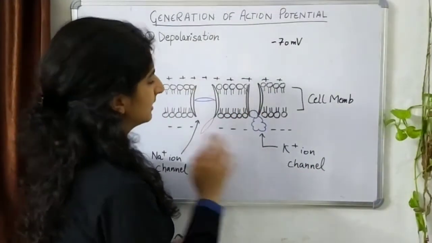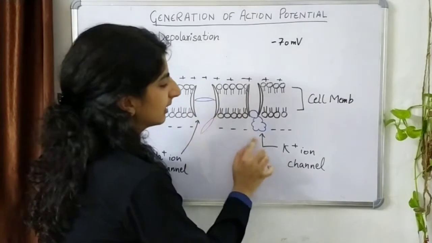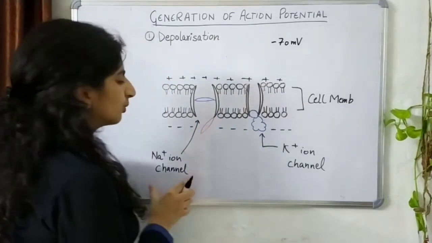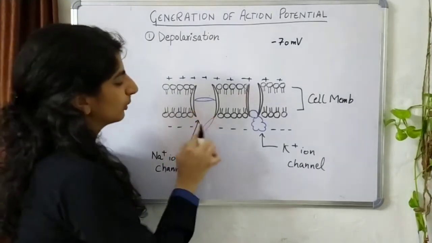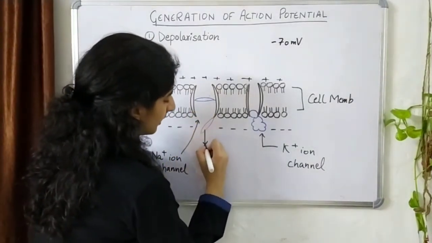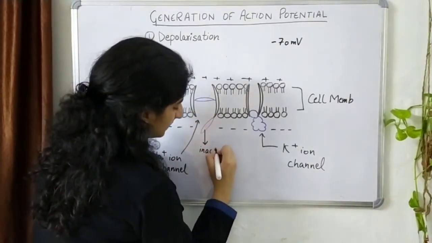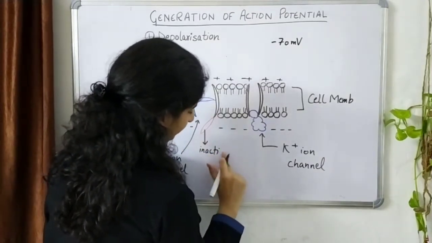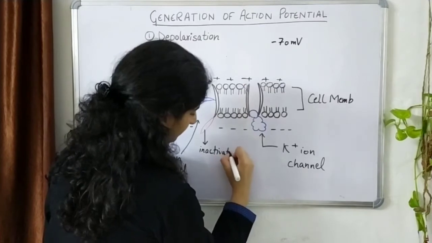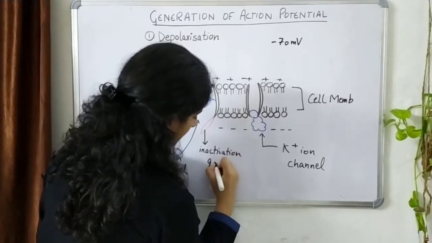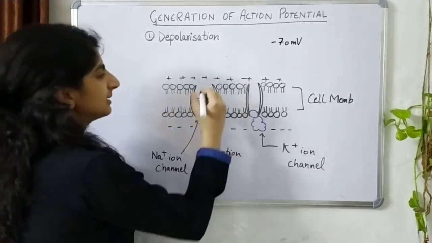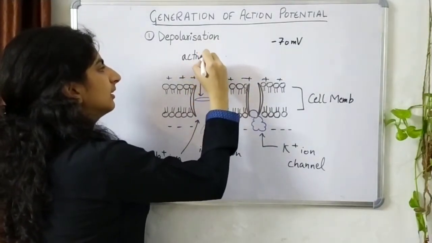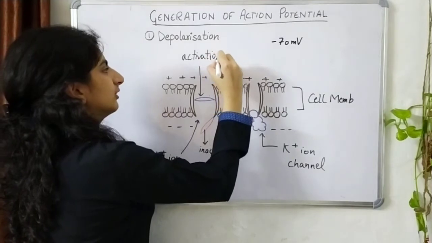In these two ion channels, there are gates that will either close or open them. In the sodium ion channels, there are two gates. This one is the inactivation gate and this one here is the activation gate.